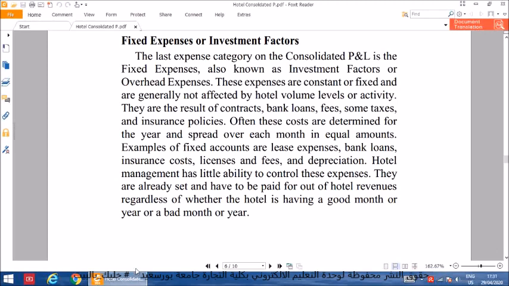Regardless of the hotel volume levels, the hotel has to charge fixed expense. Fixed expenses are constant.